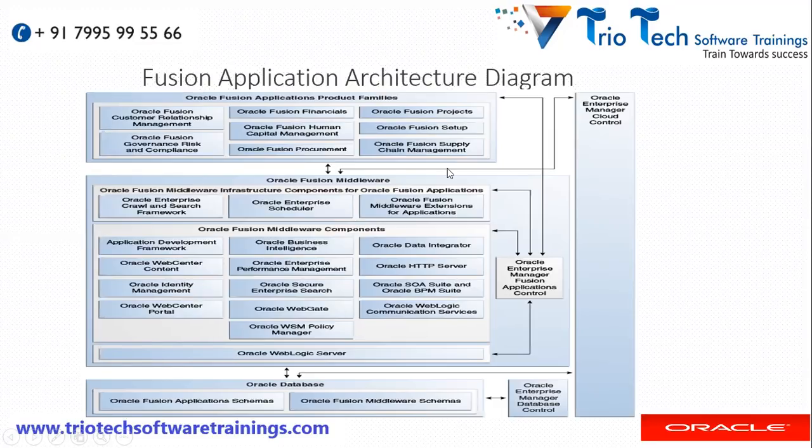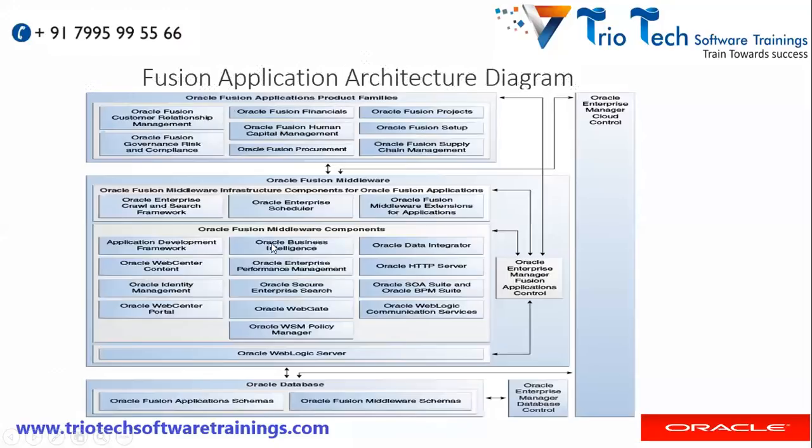These applications are a group of products, a group of families, and all together are termed Oracle Fusion Applications product families. Now these will be interacting with the Oracle Fusion middleware. This middleware is where components like Application Development Framework, Oracle Business Intelligence, HTTP server, and SOA Suite are, and all of these are components of middleware which will be interacted with to and fro by the Oracle application.